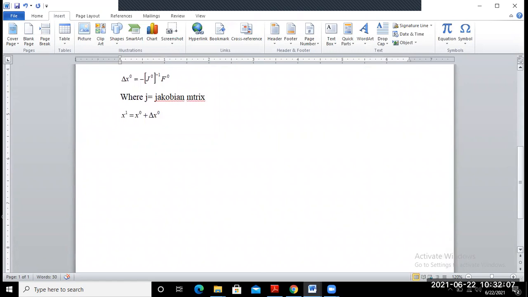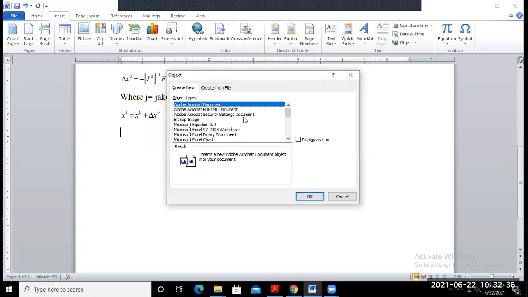So for the rth iteration, we can write the value, that means xr equal to x to the power r minus 1 plus del x to the power r minus 1. If x1 equals x0 plus del x0, then for the rth iteration, x to the power r is equal to x to the power r minus 1 plus del x to the power r minus 1.